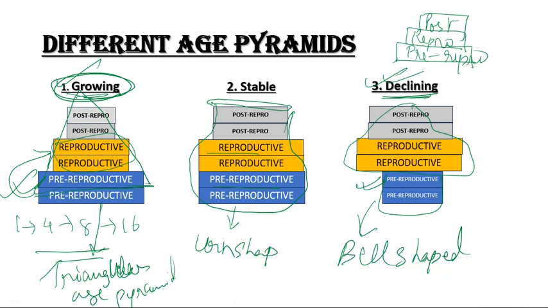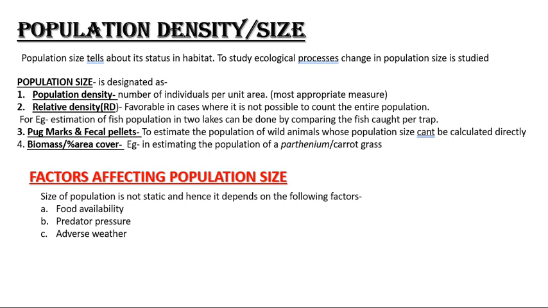Now let's move to the next topic, which is population density or size. The very first line you should remember: population size tells about its status in the habitat. Compare the population size of humans and lions.